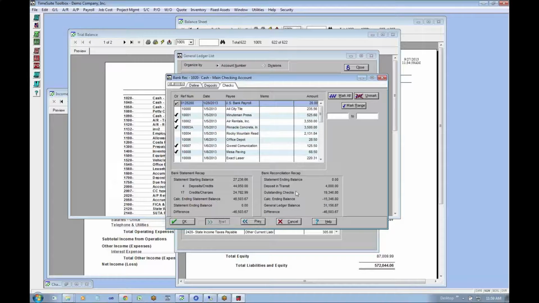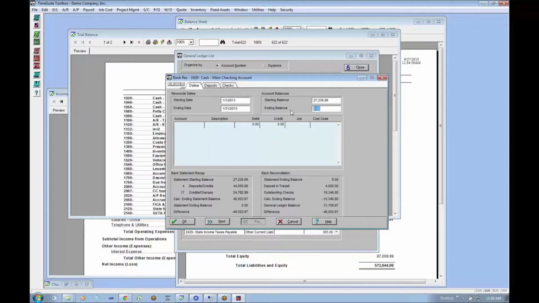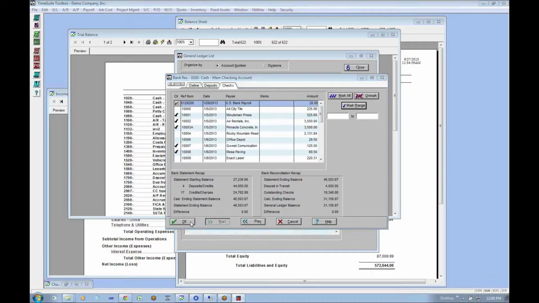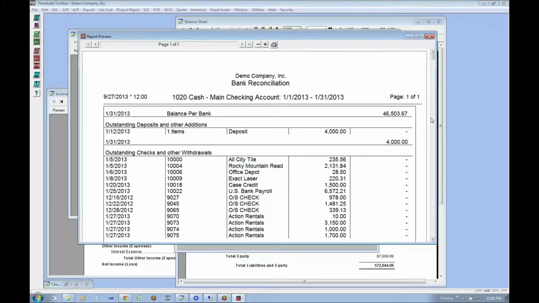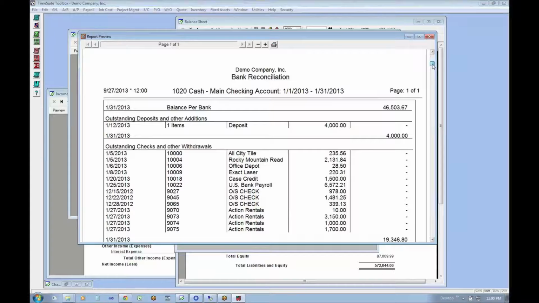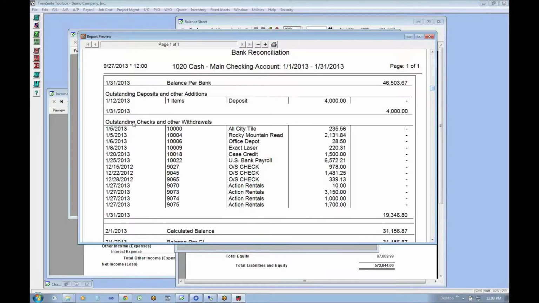So your bank reconciliation is going to be something like this, with your outstanding checks itemized. Actually, we need to put that ending balance in there. Okay, so then you would have a balanced bank reconciliation. That outstanding checklist of items would be here. Outstanding checks would be here.